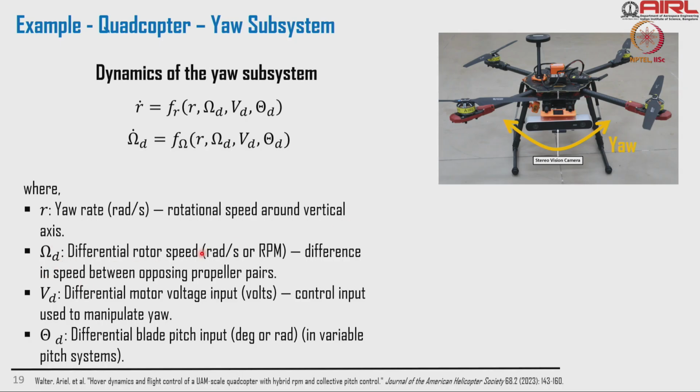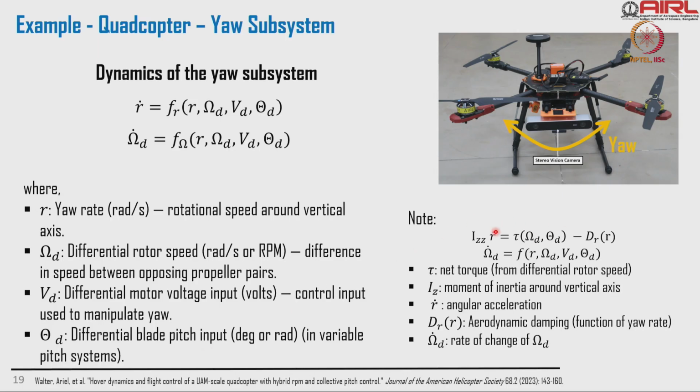Omega d is a differential rotor speed, the difference in speed between the opposite rotors, right. Vd is more of motor voltage, input voltage, that is the control input, right. Theta d is the pitch of the blade. Think about it, in certain multi-rotors you can control the pitch of the blade, right. If you look at a typical helicopter tail rotor, I can control the pitch of the blade, right.